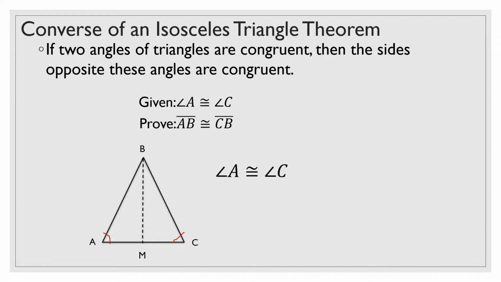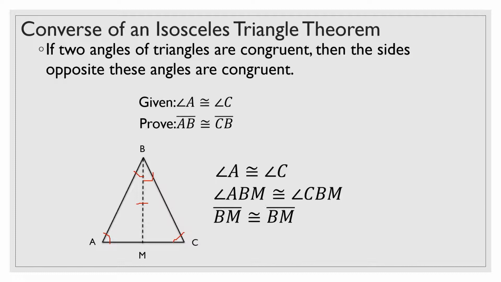And then, dahil nagkaroon tayo kanina ng angle bisector, yung angle ABC ay nahati sa dalawang angles. So, magkakaroon tayo ng angle ABM congruent to angle CBM. Okay. So, maliban doon, ano pa kaya ang congruent parts na nakikita natin? So, we have here BM is congruent to itself, or BM is congruent to BM.